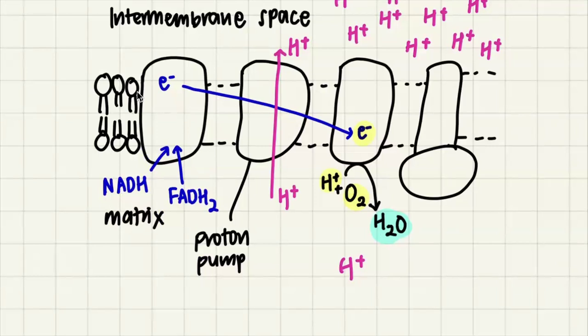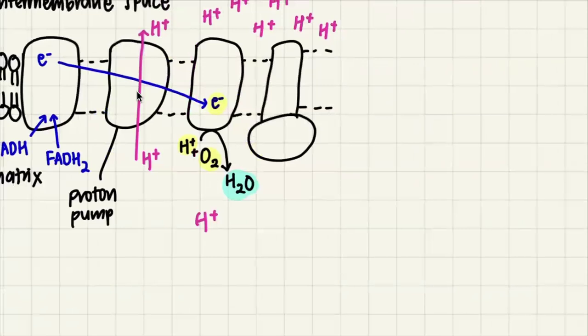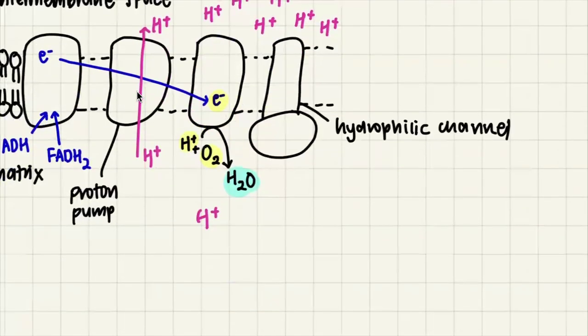Okay. Then now we have our ATP synthase. Okay. So your ATP synthase provides a hydrophilic channel for the transport of hydrogen atoms. Okay.